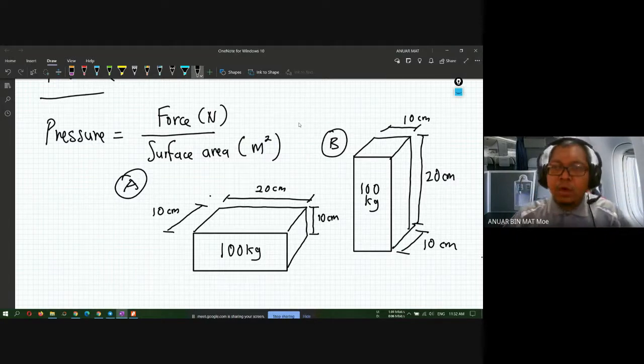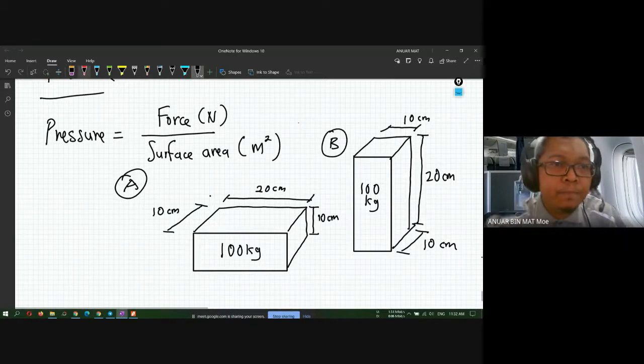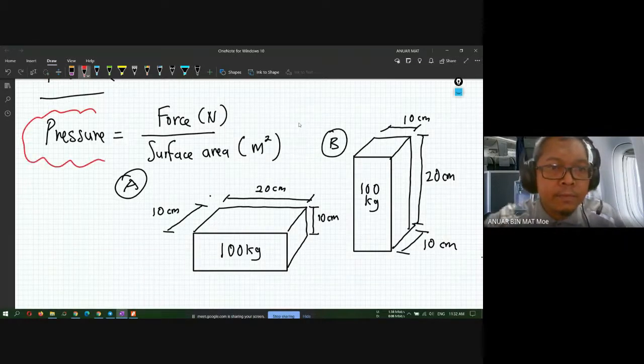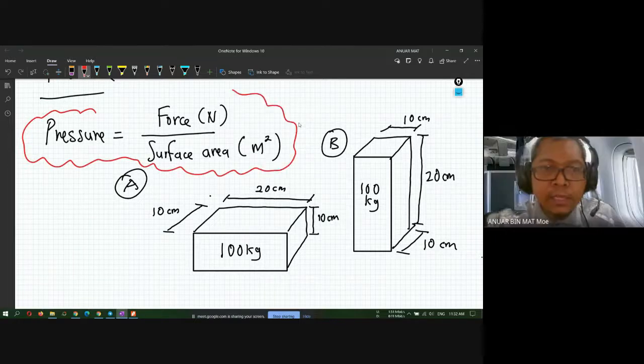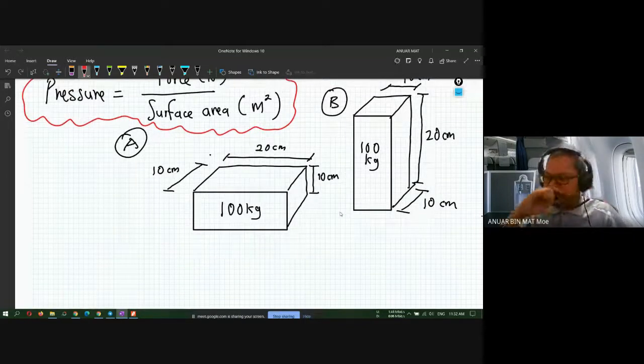Okay, so how can you prove that the pressure in B is more than pressure in A? You use the formula. Can you try to calculate it for me? What is the pressure in A?